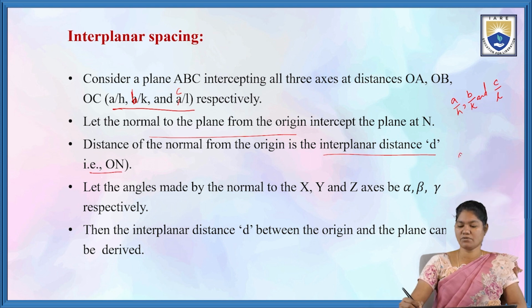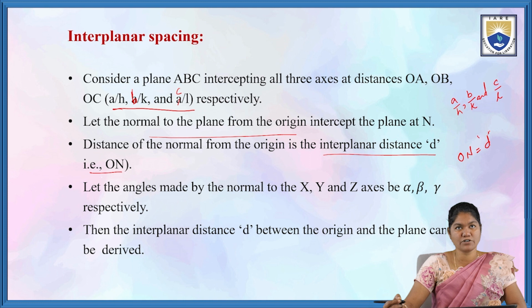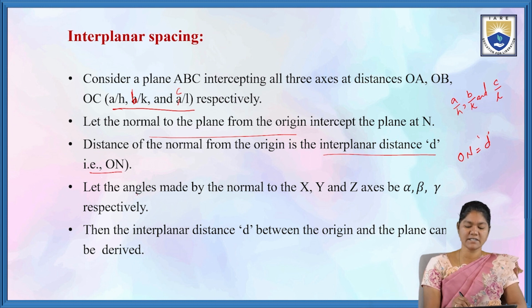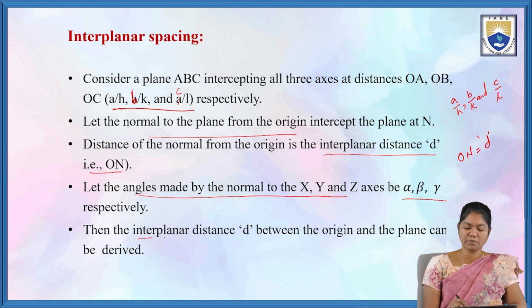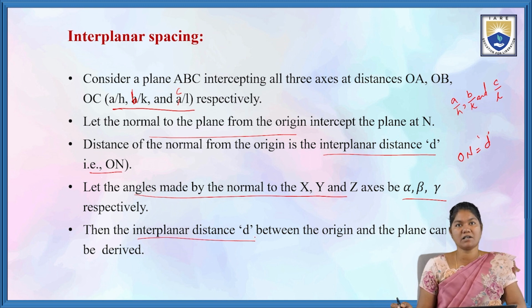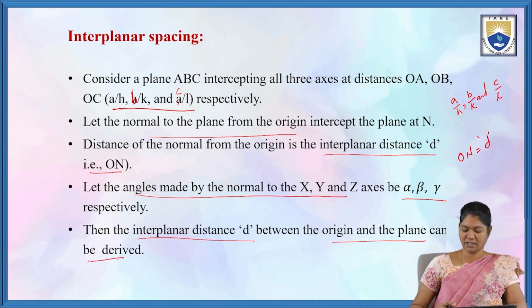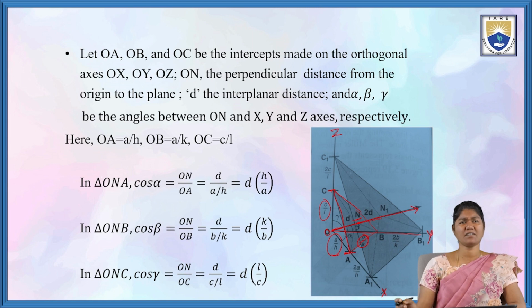So ON gives the interplanar spacing, that is small d. Let the angles made with the three crystallographic axes be alpha, beta and gamma. Then the interplanar distance d between the origin and the plane can be determined.